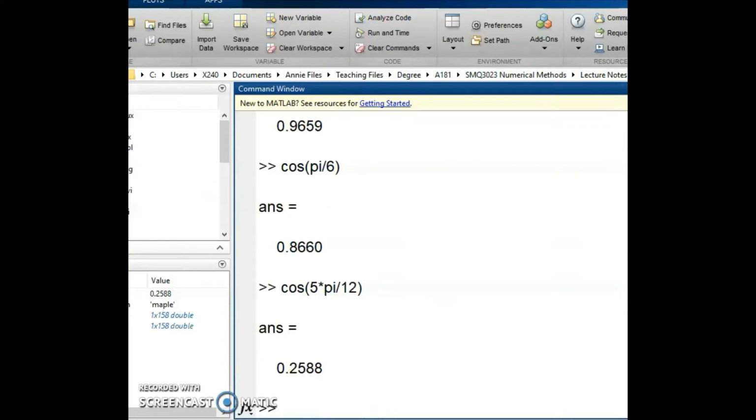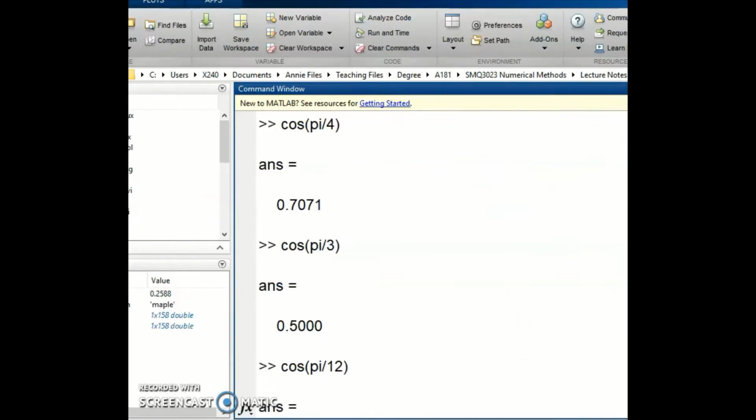We need all these values to key in and find the answer.